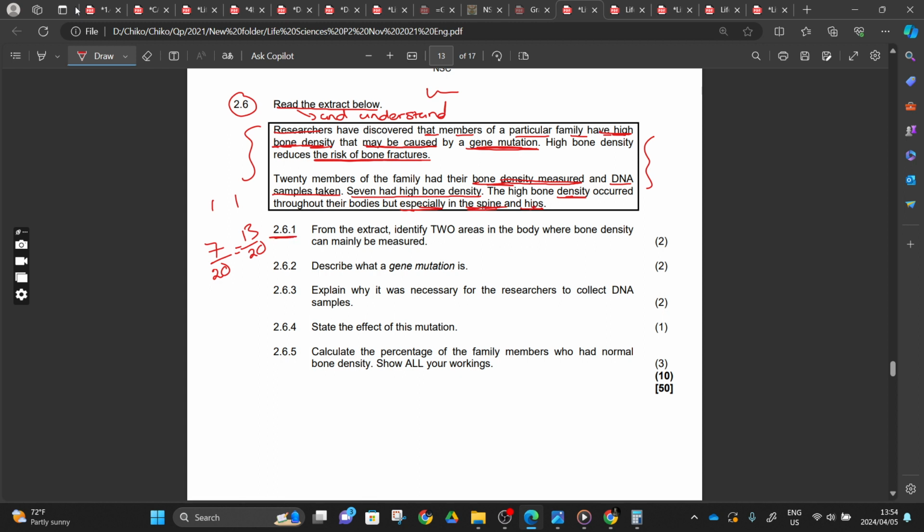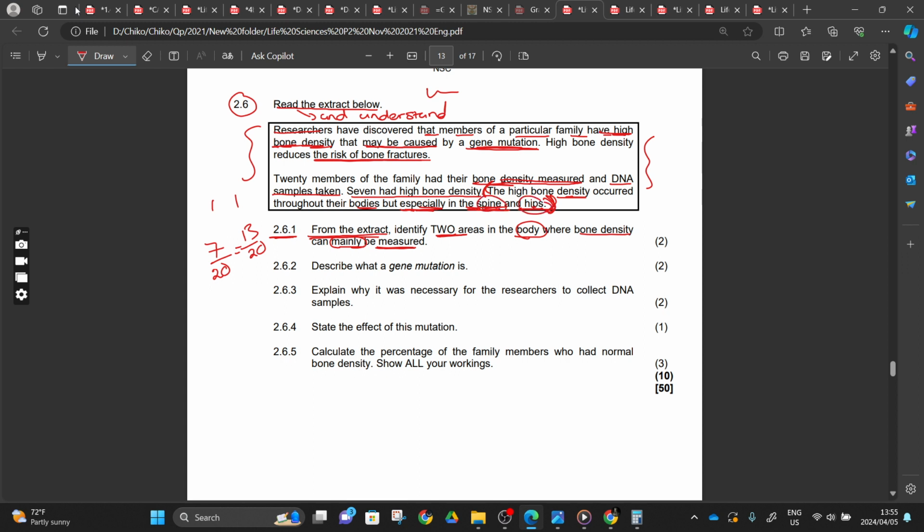So 2.6.1 is the question, but from the extract: identify 2 areas in the body where bone density can mainly be measured, where they are accessible, so that we can measure them. If we go to our extract, the sentence where they were talking about the body, the last line says the high bone density occurred throughout their bodies, but especially in the spine and the hips.